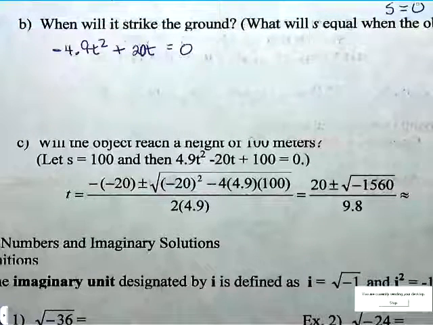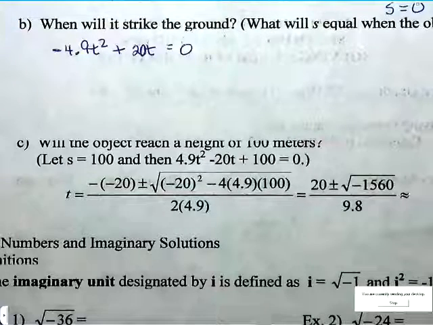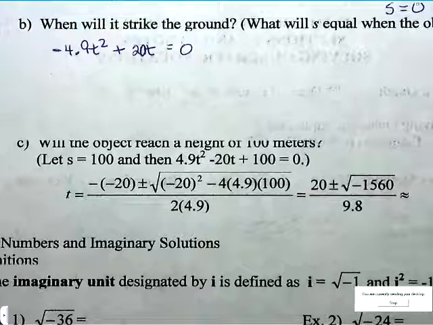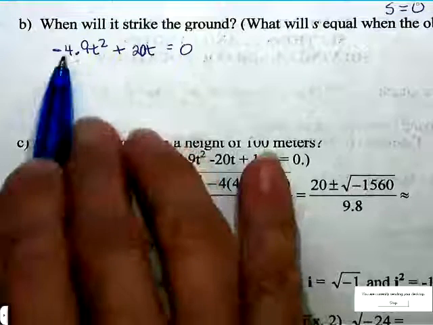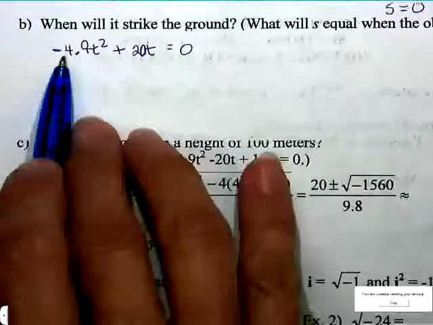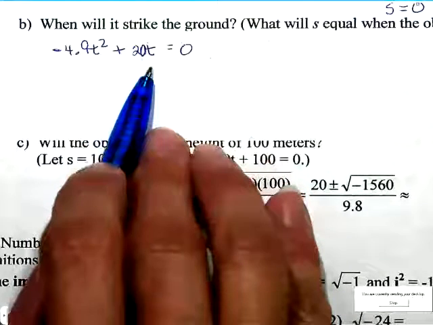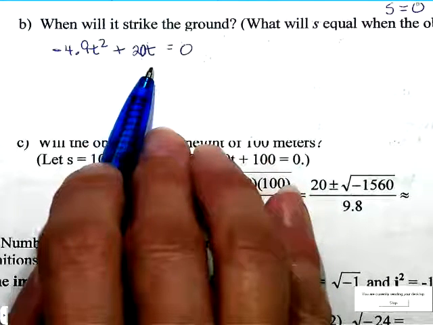Now, we could use the quadratic formula. If we did want to use the quadratic formula, what is the constant in that equation? 0. I'd have to say a is negative 4.9, b is 20, c is 0, because there's not a constant on the end. But that's not the easiest way to solve that equation.